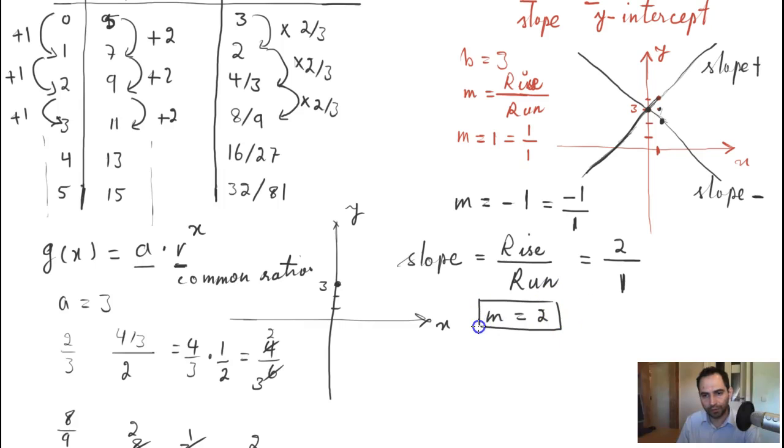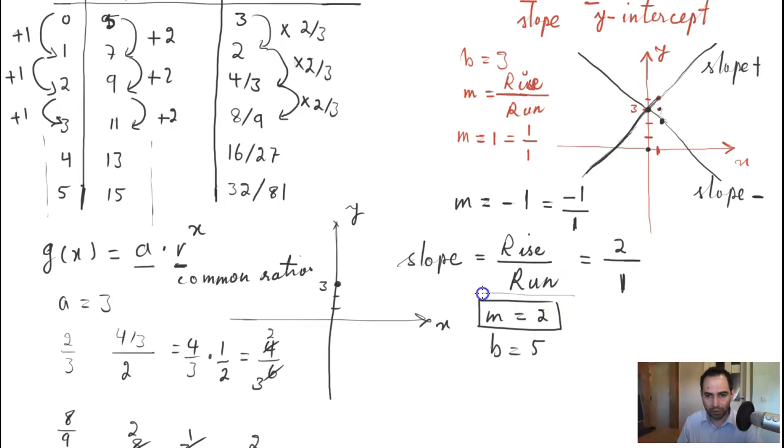So now for this function, I know that my m is equal to 2. And I know where this function goes through the y-axis, because at x equal to 0, I know what my output is, which is 5. So that means this is my y-intercept, so my b is equal to 5.